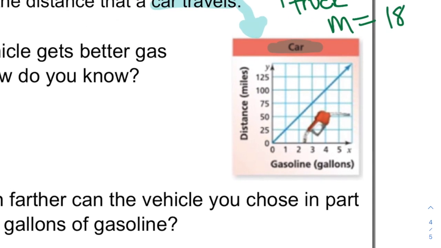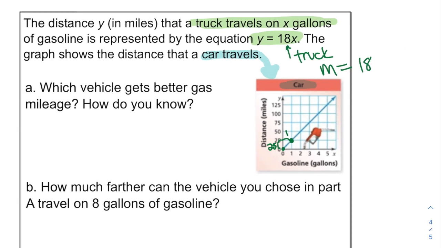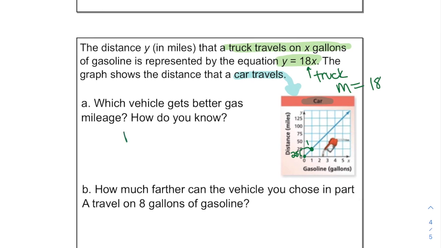So for the car, we're going to have to do our slope and figure out from our graph. So we could definitely start at 0, and then I see a really good point right here. And so when we go up, that means it's going up by 25, and we go over by 1. So for the car, the slope of the car is 25 over 1, 25 miles per gallon.